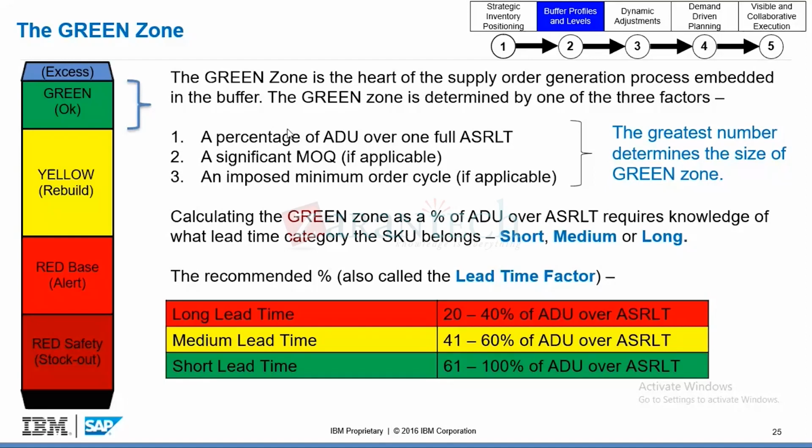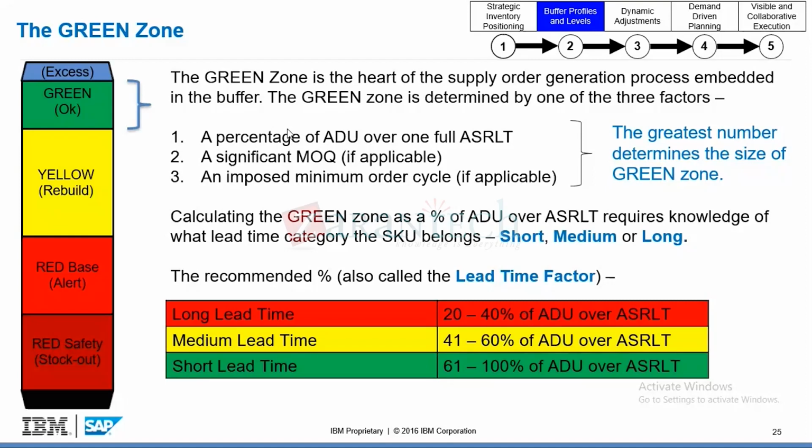So we calculate the green zone as a percentage of ADU over these things, which are on this slide. These are actually calculated in a Fiori app called buffer zone calculation that we'll do in the system. Calculating the green zone as a percentage of ADU over ASRLT requires knowledge of which lead time category the SKU belongs to, whether it is short, medium or long.